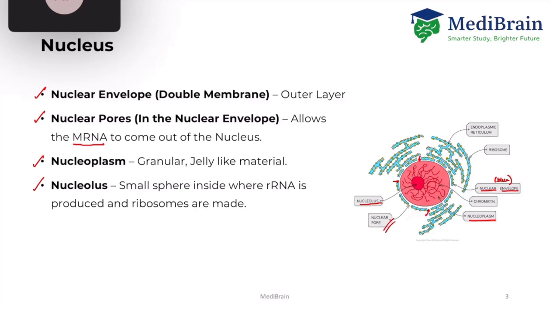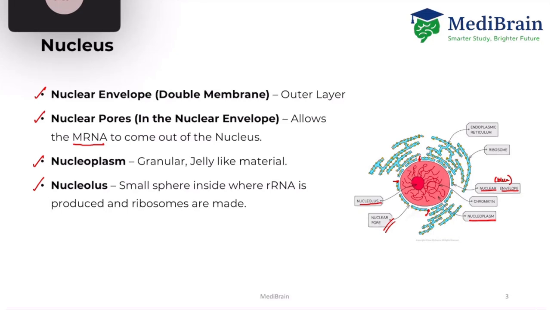You've got the granular jelly-like material, which is present within the nucleus, and that's called the nuclear plasm. And then you've got the nucleolus, which is the small circle inside, and that's where the proteins, amino acids, RNA, ribosomes are synthesized. Okay, so that's the structure of the nucleus.